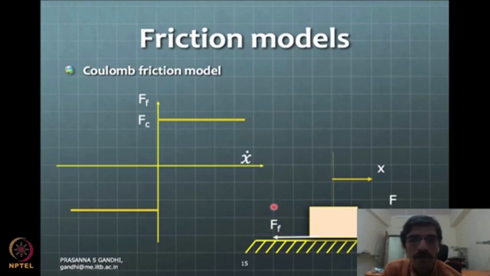And now we want to represent this force. We know that if the block is moved in one direction, then the friction force is in this direction. If the block is moved in the other direction, then the friction force is in the opposite direction. That is what we know.